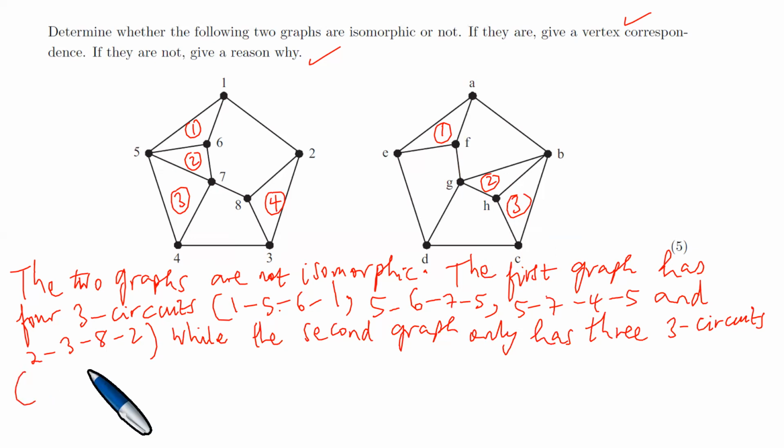Let's list them because there are not so many. You start with A, E, F, A. Come to the second one, G, B, H, G. Next, H, G, B.